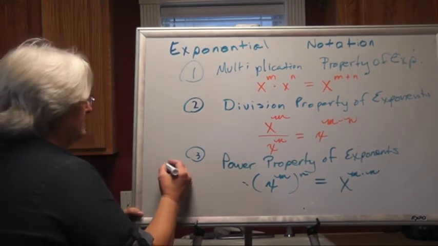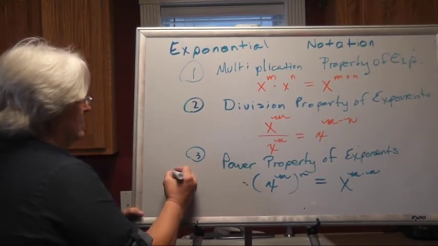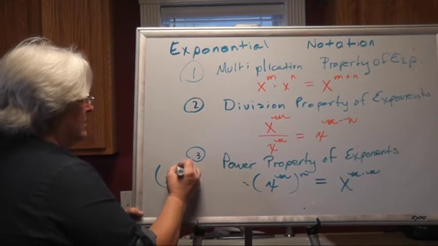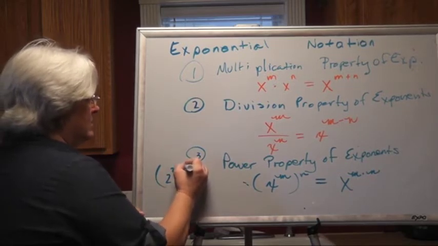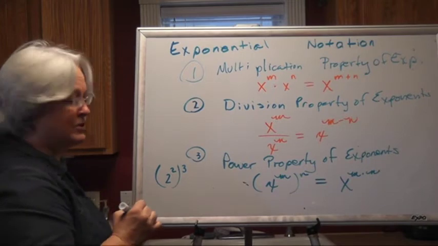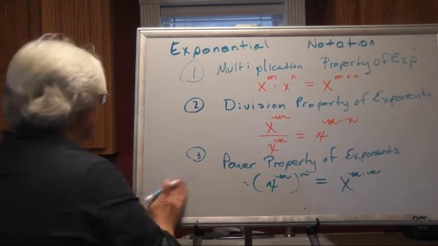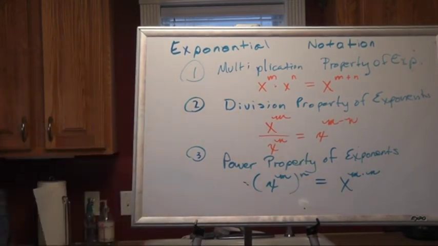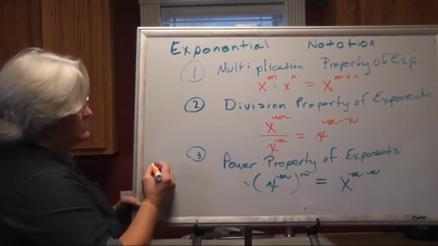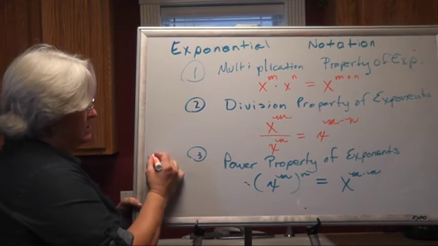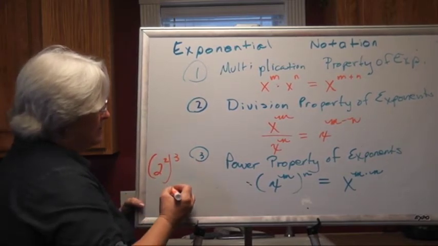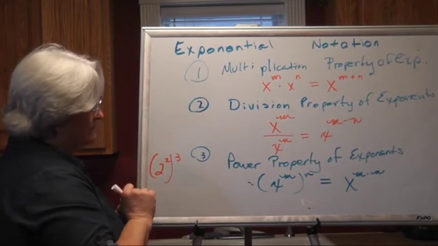For example, if you have 2 squared raised to the third, you keep the base. Let me write this in orange so it stands out. 2 squared raised to the third. What does this say?